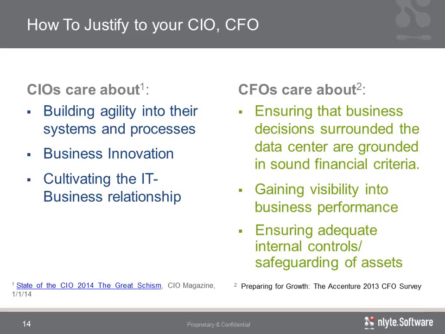So, to tie it all together, we've looked at different ways to justify DCIM in your environment. Again, the cost savings, hard and soft. Cost savings tie directly to process improvement, improve your execution, and eliminate rework.